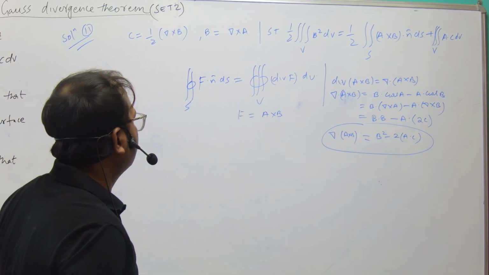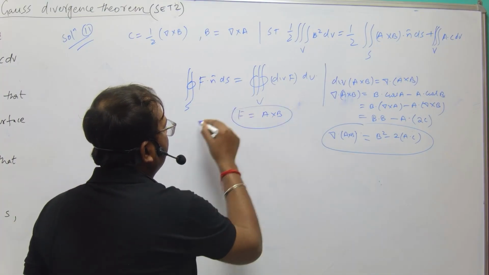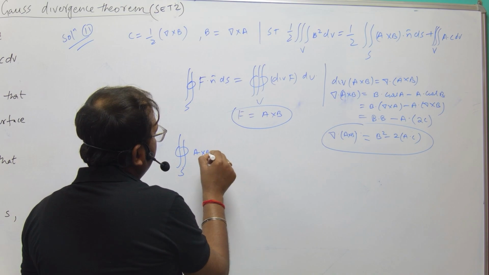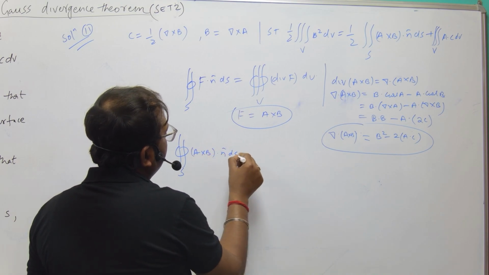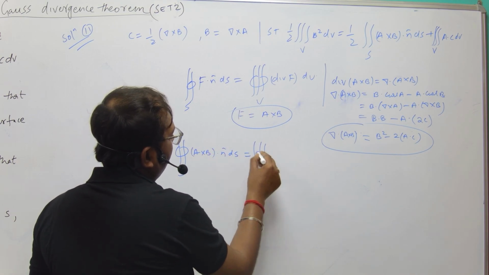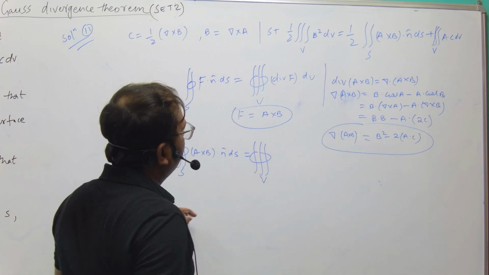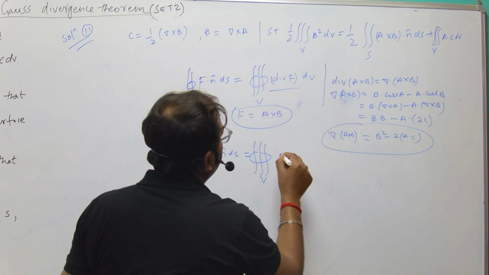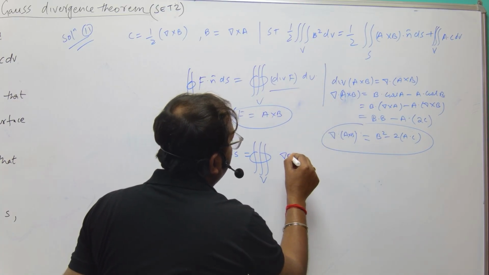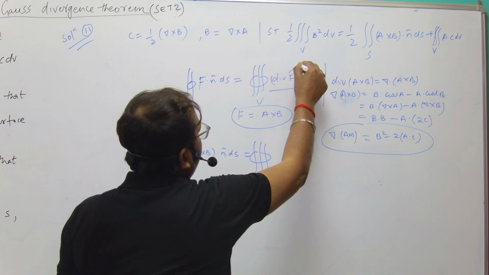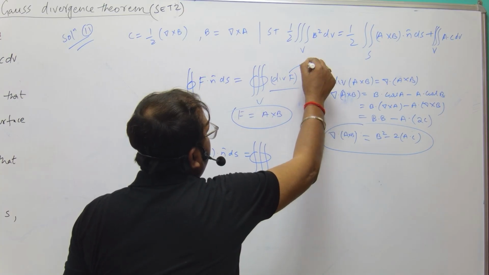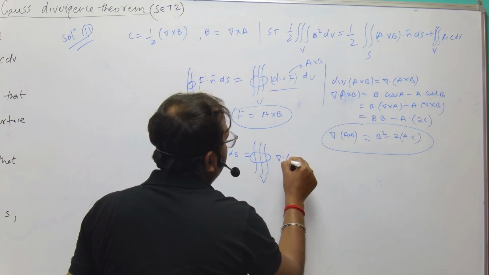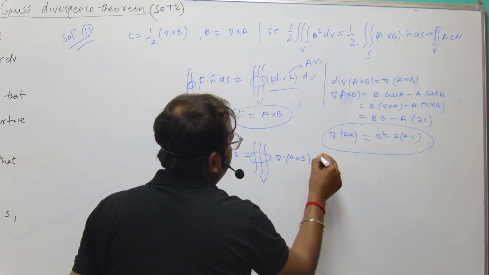Now let us replace F with A cross B. So surface integral A cross B dot n cap into dS is equal to triple integration along the volume V of divergence of F, that is, divergence of A cross B, so this is del dot A cross B dV.